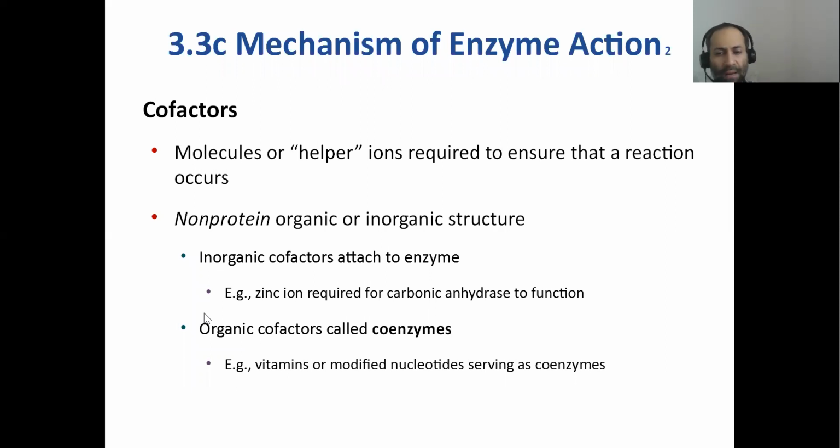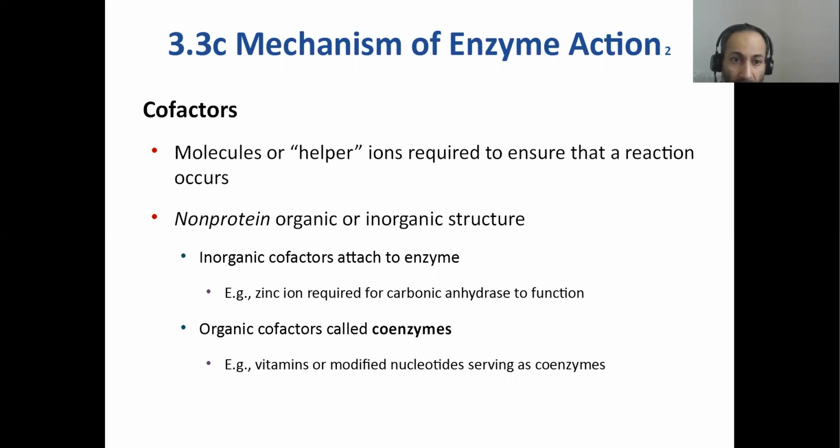All right, so for enzymes to act properly, sometimes you need cofactors. What are cofactors? These are helper ions, as you can see, okay? And they could either be organic or inorganic structures, okay? Cofactors. What does that mean? Remember the difference between organic and inorganic? Organic stuff is derived from living things and it has carbon. Inorganic structures are not derived from living sources and they do not have carbon, okay?